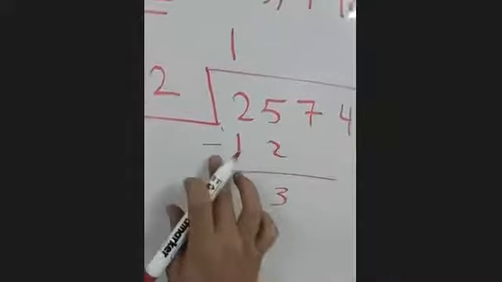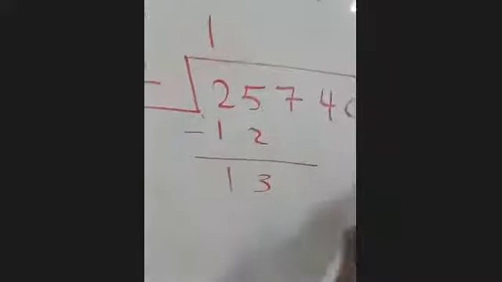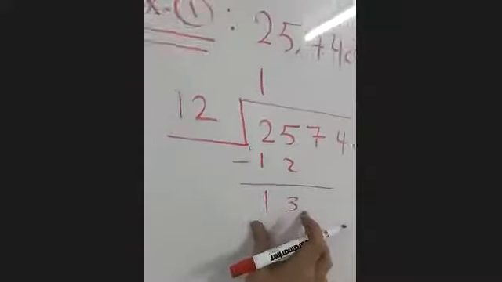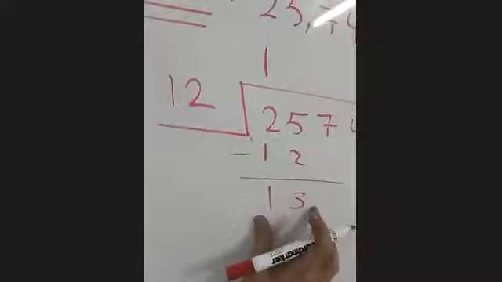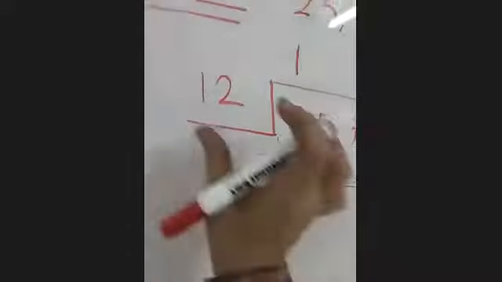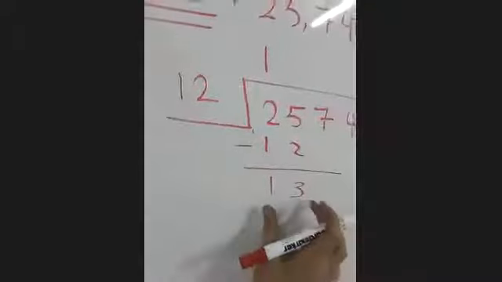After I make the subtraction, before I continue, I stop and ask myself a question: is this number less than 12, more than 12, or equal to 12? This number is more than 12, then it is wrong.